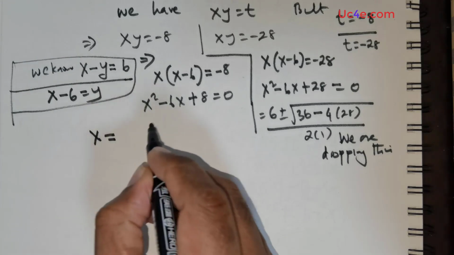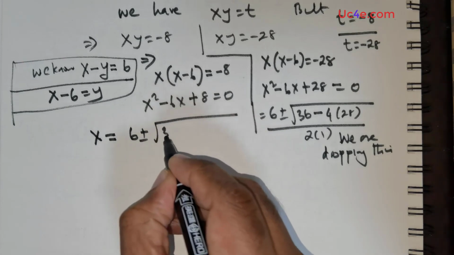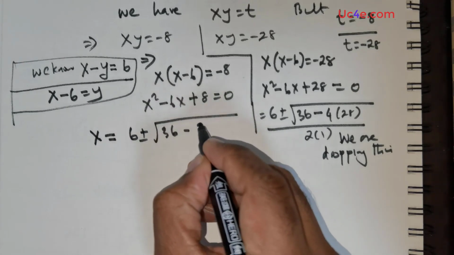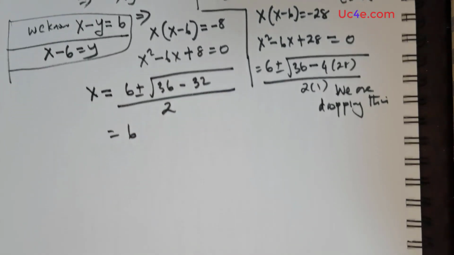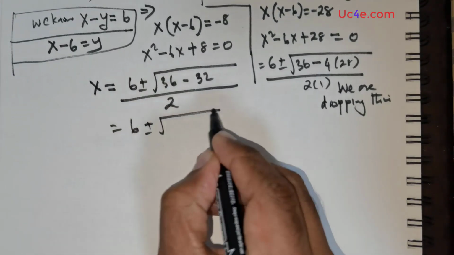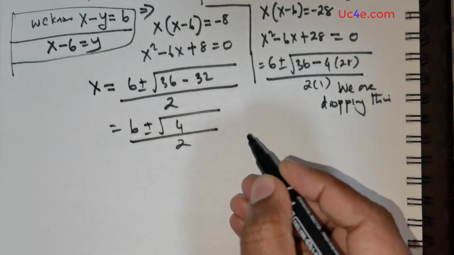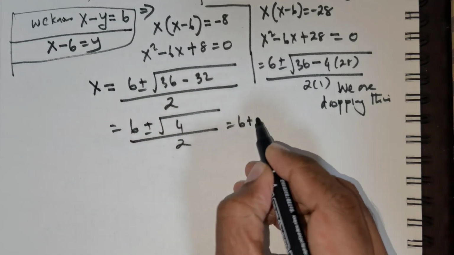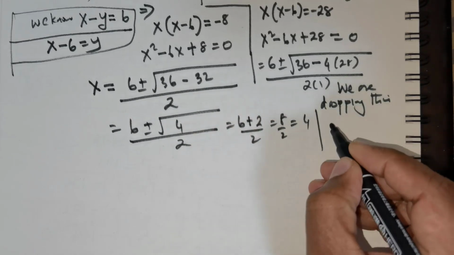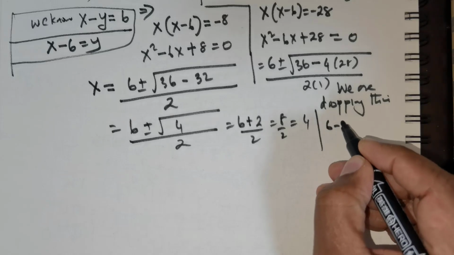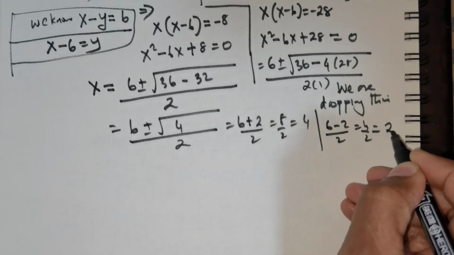Let's see what we are getting from the other one. x is equal to 6 plus or minus root of 36 - 4 times 8, which is 32, divided by 2, which is 6 plus or minus root of 4 divided by 2. That is 6 plus 2 divided by 2, 8 divided by 2, equal to 4, and the other side is 6 - 2 divided by 2, 4 over 2, which is equal to 2.